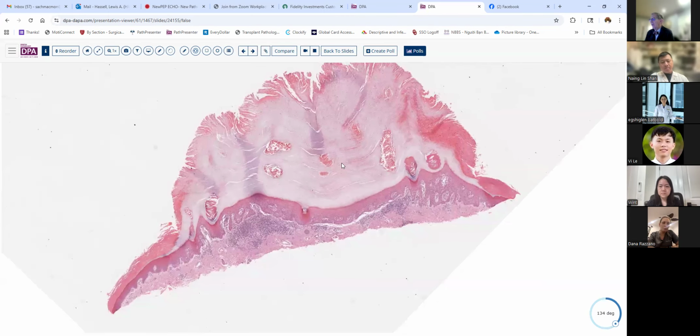In some community settings where there's no dermatopathologist nearby, the general pathologist may handle the lesions, or many family practice or general practitioner doctors will remove these kinds of lesions and submit them to their local pathologists.